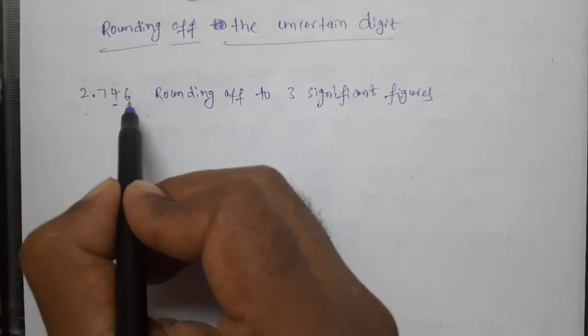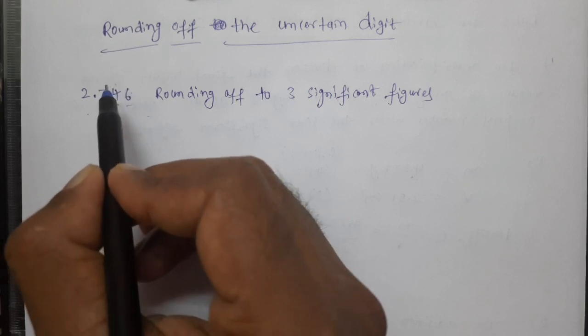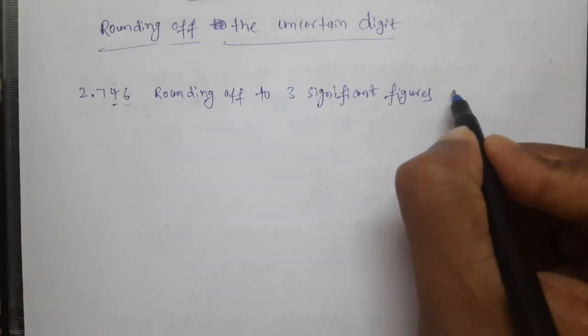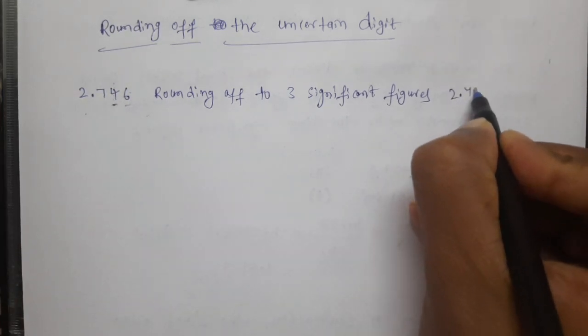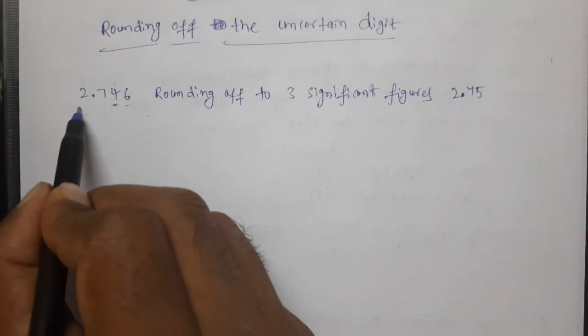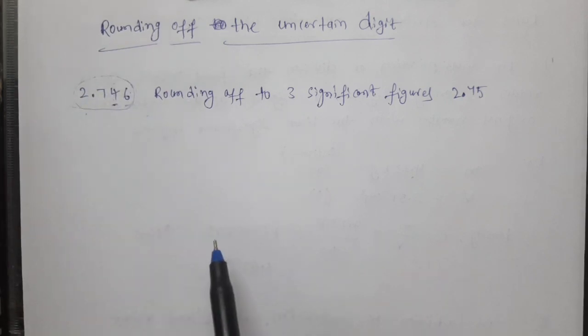So clearly more than 5 is there, right? Whenever it is more than 5, directly we add 1 to this digit. Then it becomes 2.75. So if we round off to 3 significant figures, this number will be converted to 2.75.